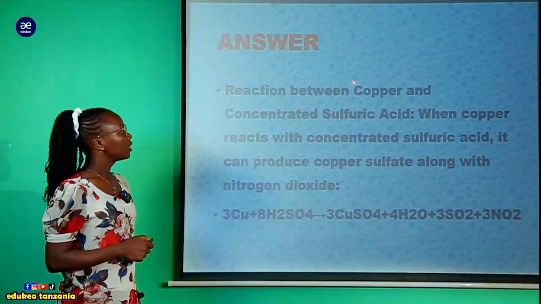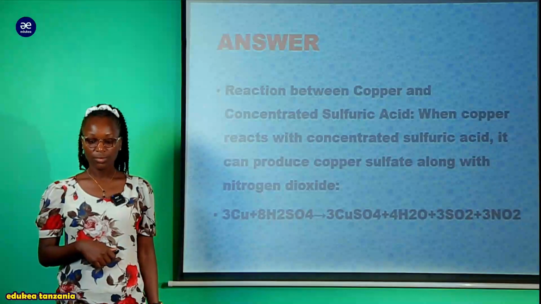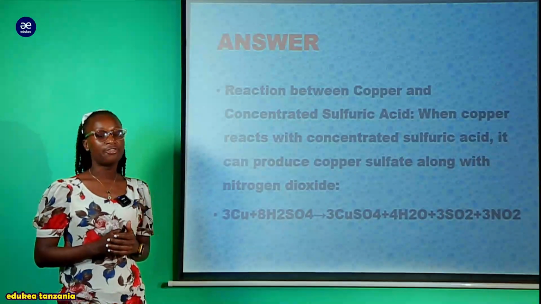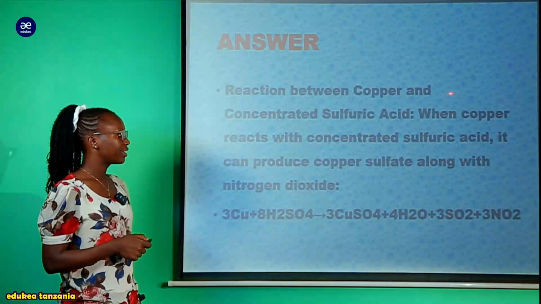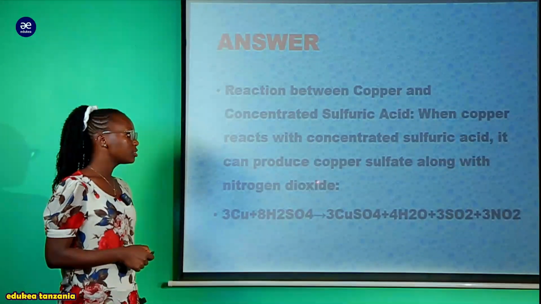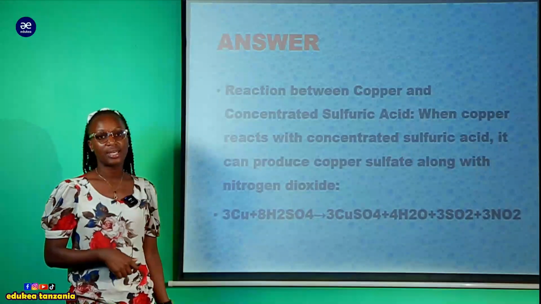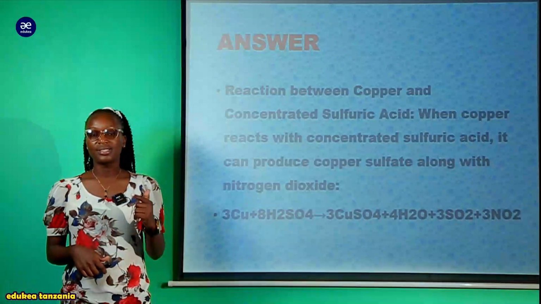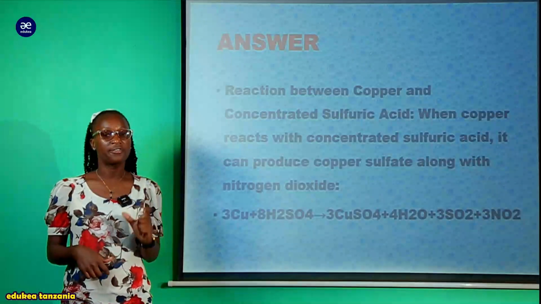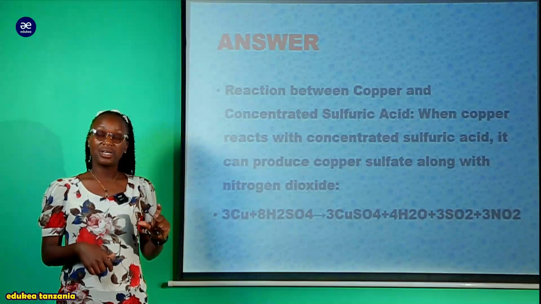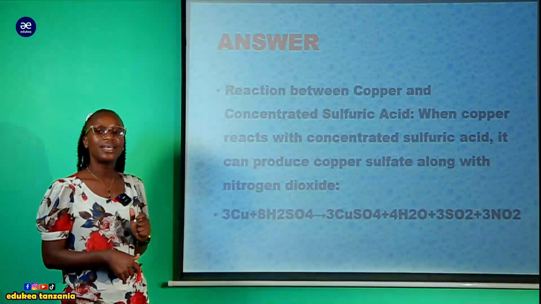Another is the reaction between copper and concentrated sulfuric acid. So when copper reacts with the concentrated sulfuric acid, it can produce copper sulfate along with nitrogen dioxide. In chemistry we have to confirm what we observed by showing this reaction.